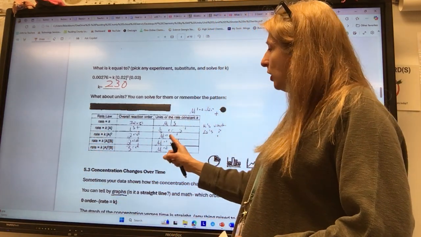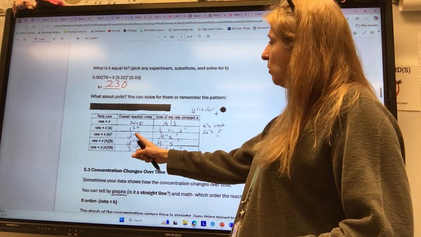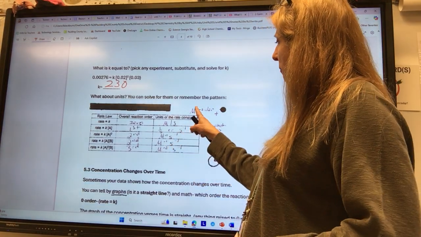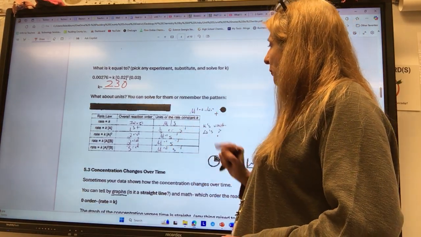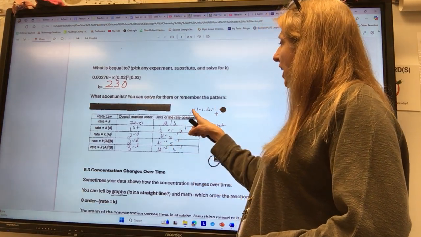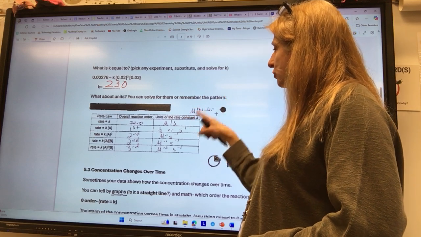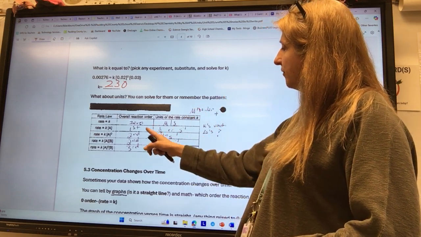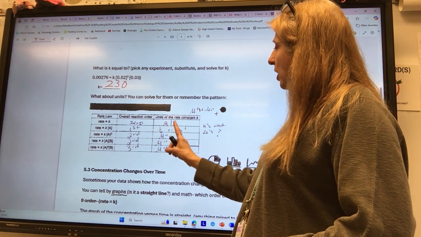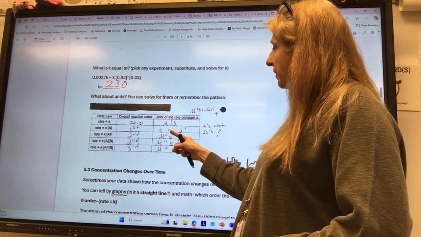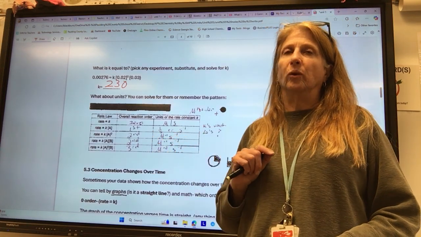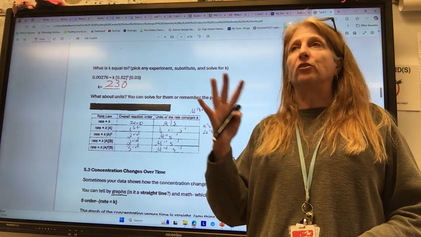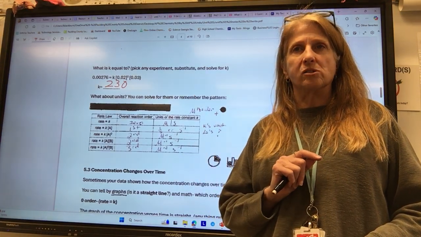Okay, so here we've got this one. So now for second order, it's going to be 1 minus 2 is negative 1. So that means that this big M is dropping to the denominator. So for the second order, it's 1 over M s, or M to the negative 1, s to the negative 1, because negative 1 means it's dropping to the denominator.